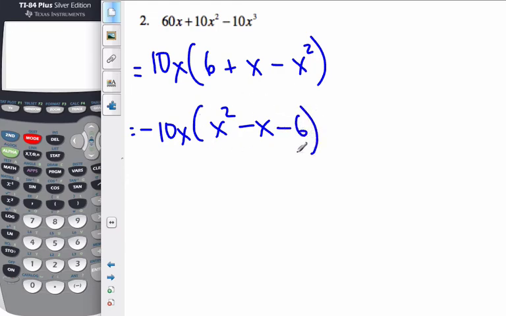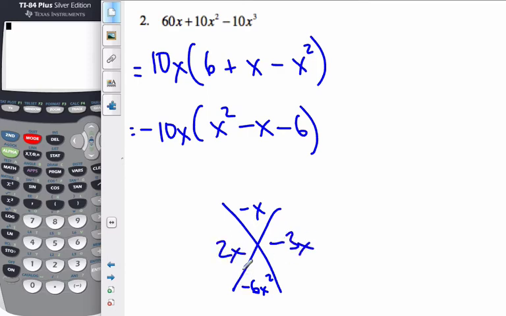And I can write it in this order. Now it looks familiar to me. This coefficient in front of x squared is 1, so I can make my box. I multiply x squared and 6, I get negative 6x squared and negative x. I'm looking for numbers multiplying to get negative 6 and adding to negative 1, well, that's negative 3x and 2x.